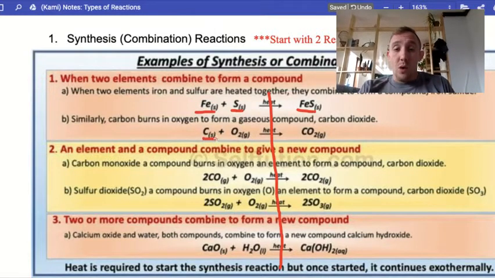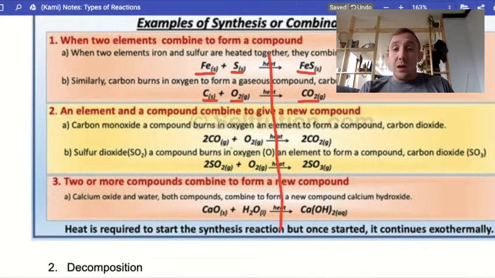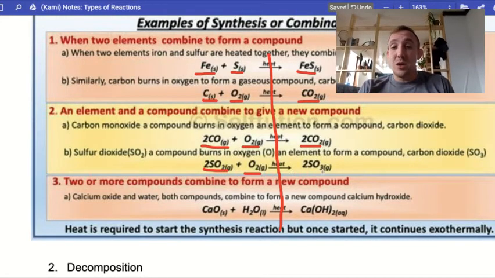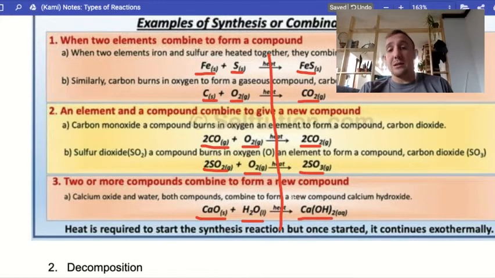So again, we have two reactants, we have one product. Looking over here, two reactants, one product. Again, two reactants, one product. Last one, two reactants, one product.